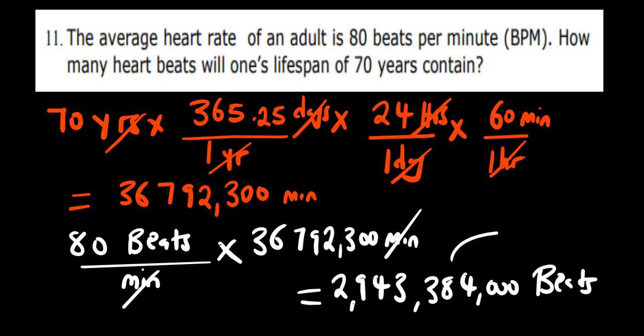So this is like 2.94 billion beats. Now that's a B. This is just the same as 2.9 billion beats in a 70-year lifespan. So the heart would have pulsed about that much. Oh, that's a big number.